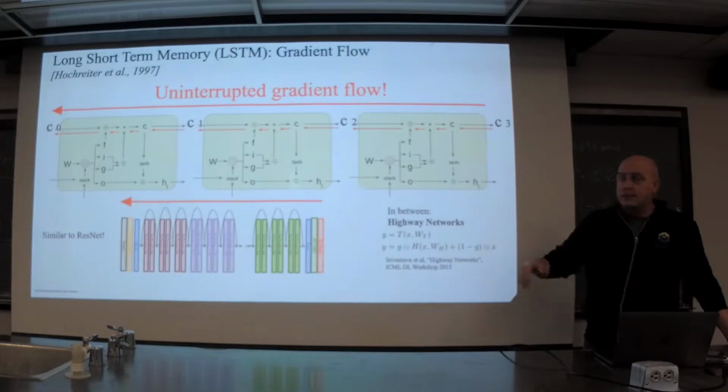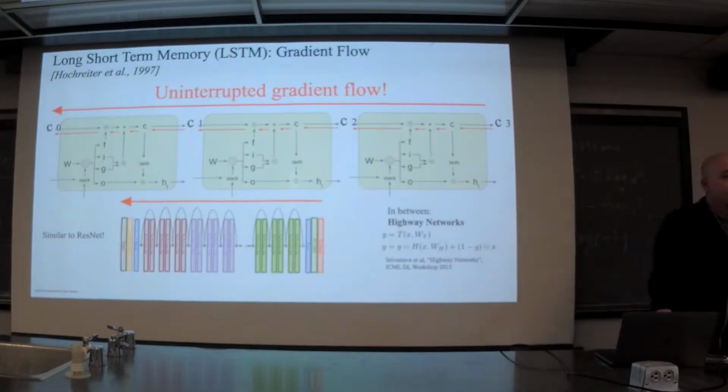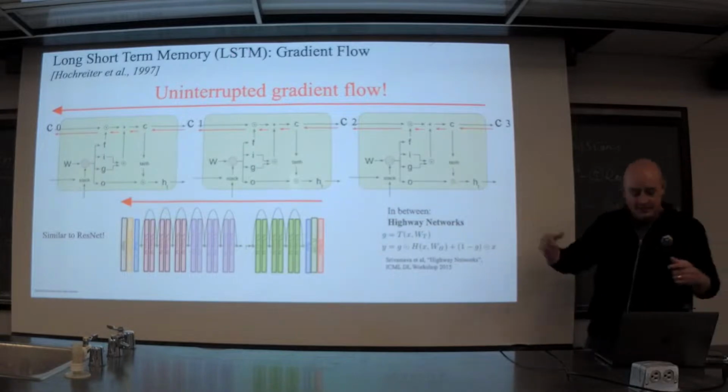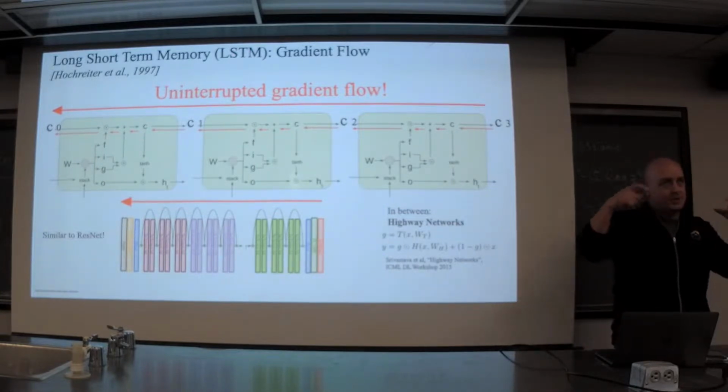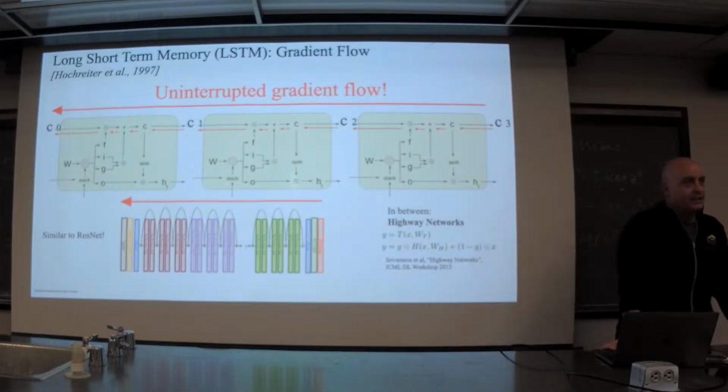So LSTMs. Where does the name long short-term memory come from? Why is it called that? Well, it's the ability to preserve for a long time the short-term memories that it's accumulating as it's seeing data.